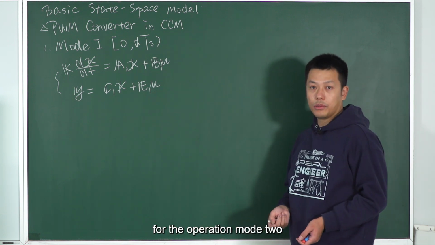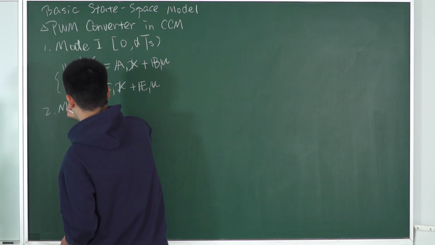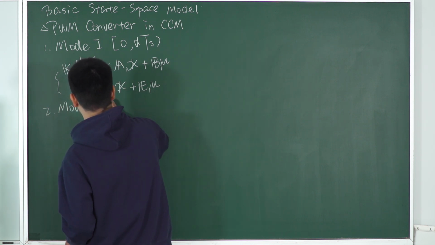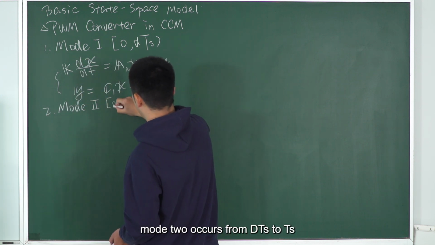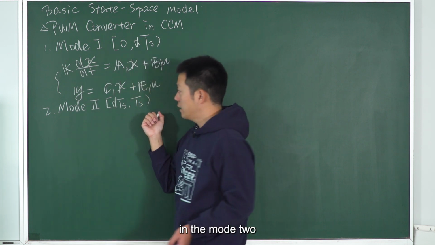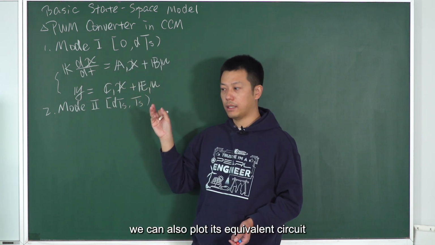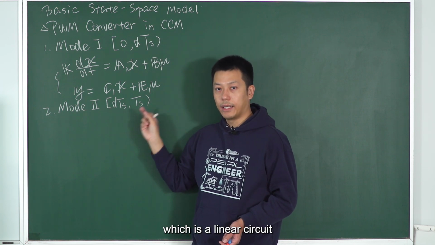For operation mode 2, we can do the similar thing. Mode 2 occurs from dTs to Ts. In mode 2, we can also plot its equivalent circuit, which is a linear circuit.